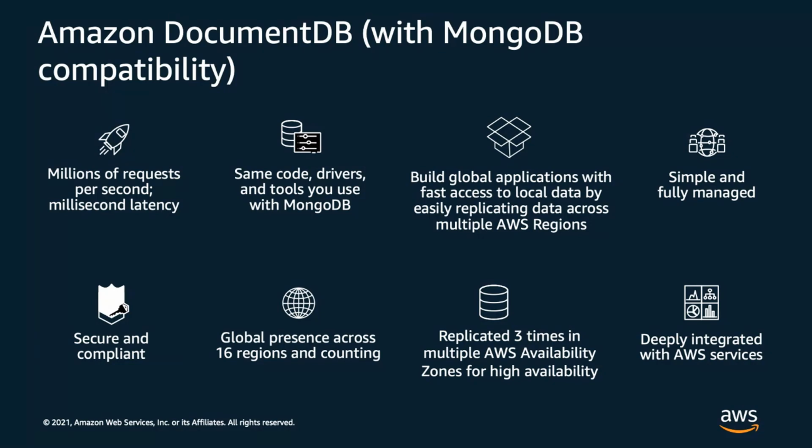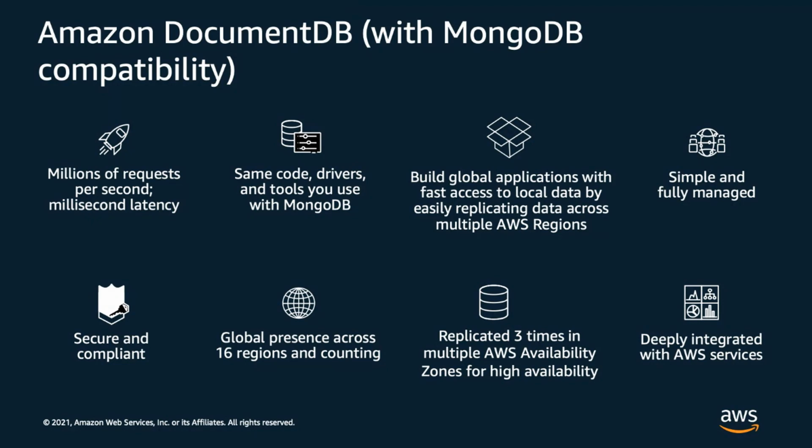We're implementing the Apache 2.0 open source APIs by emulating responses that a MongoDB client expects from a MongoDB server. Well, what does that mean? That means that you can use your existing MongoDB drivers and tools with DocumentDB. And by using the same tools and drivers that MongoDB provides, DocumentDB makes migration seamless with zero to minimal code changes and near zero downtime.